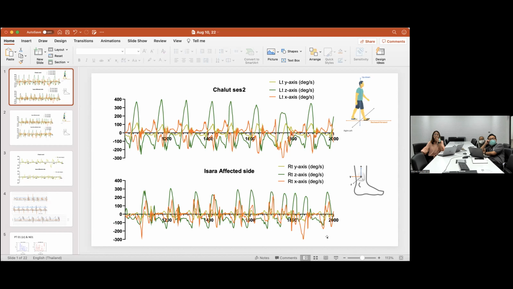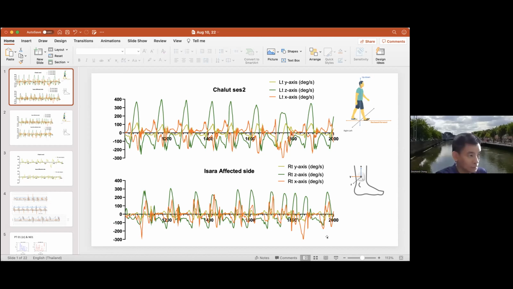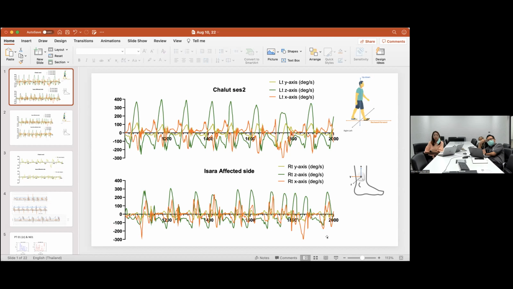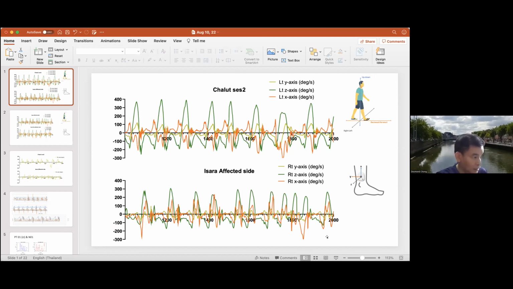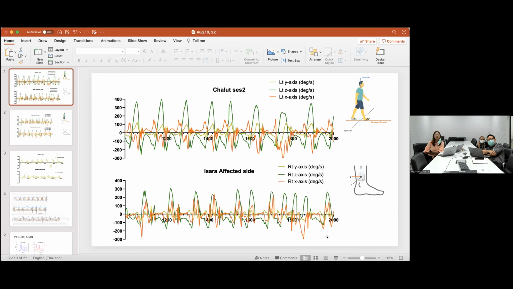So that means the motion is mostly around the z-axis, right? But for the patients, you can see that the orange one also has some magnitude higher than the yellow one.